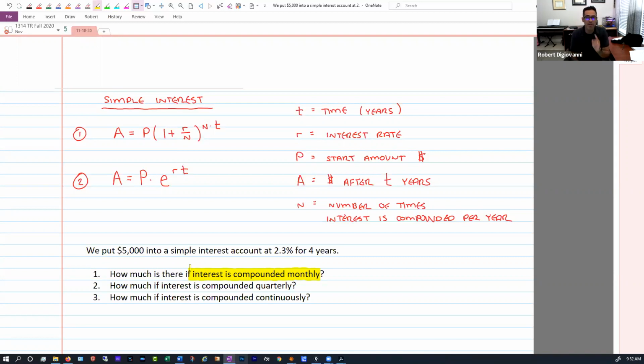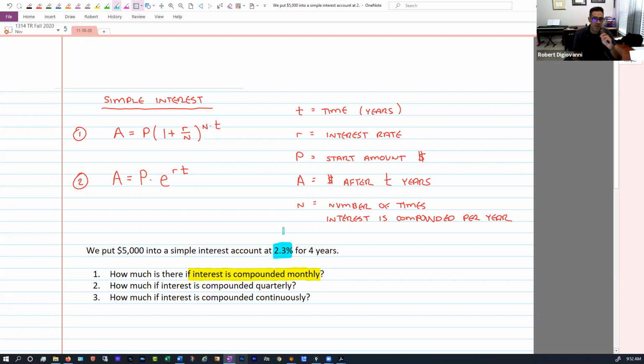But the catch to it is that they're not giving you 2.3% every month. What they're doing is they're taking that 2.3% and they're cutting it into 12. They're dividing it by 12 because they're doing it monthly.